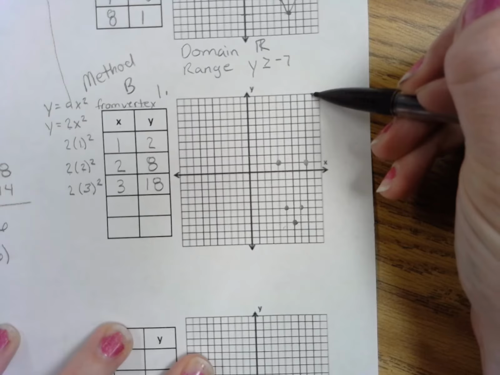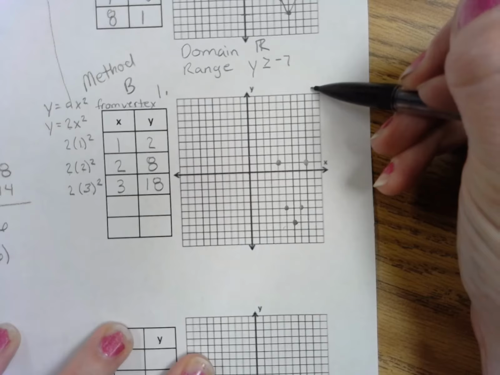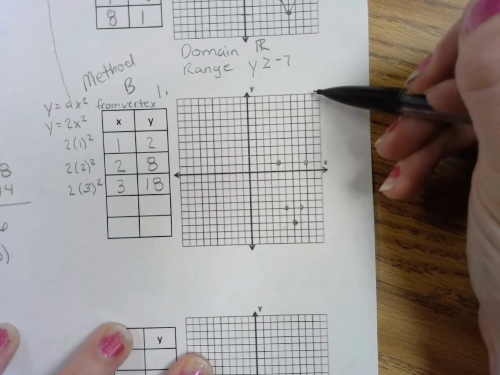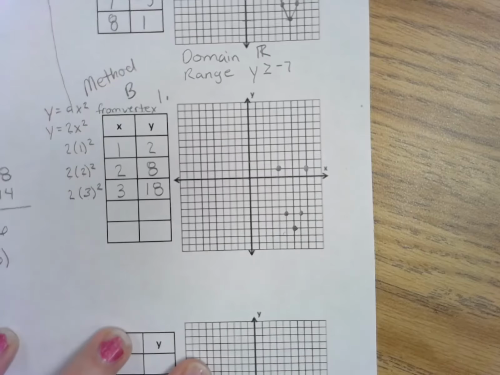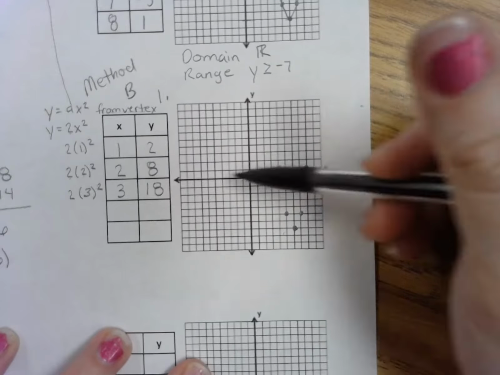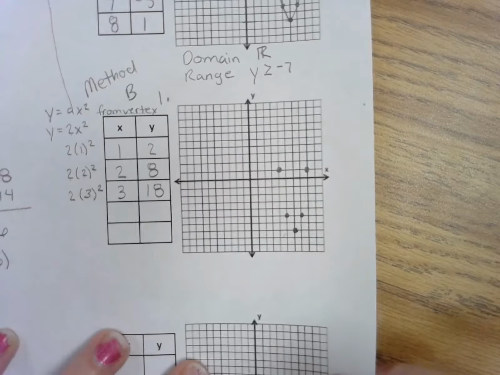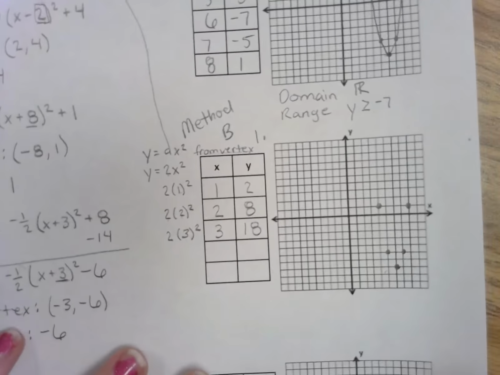We barely, that's 17, so it would be here. And of course you could check that with the graphing calculator if you still have your table of values in there. So that's how this method would work, and that's a common way of graphing quadratics.